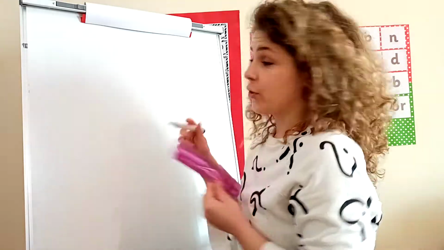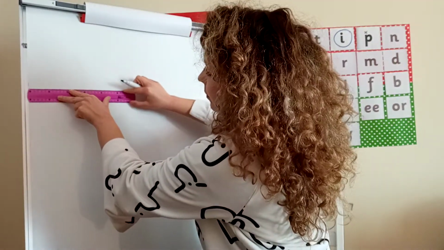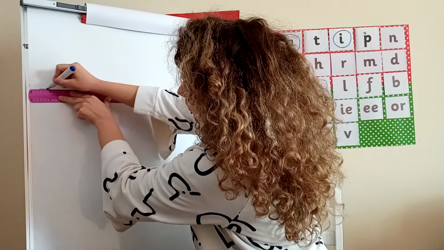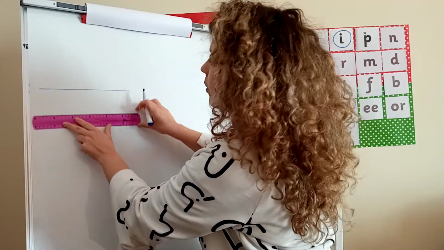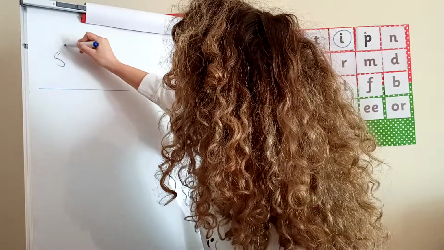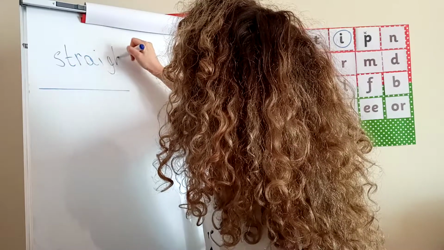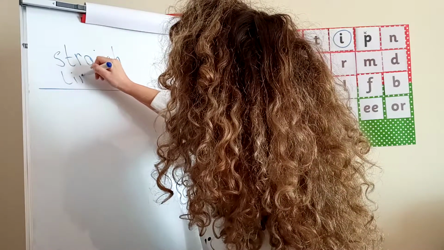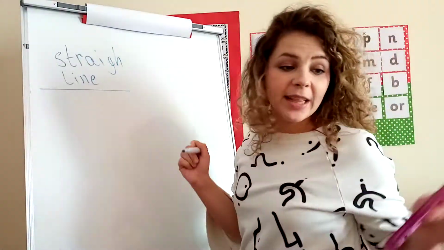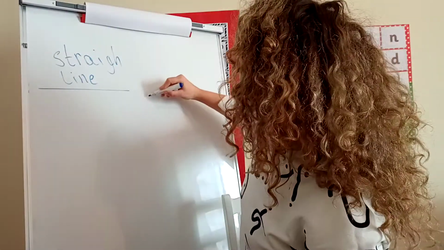So let's draw a straight line. And voila, that's it, a straight line. That would be a straight line, and then basically any way you want, you can make a curved line.